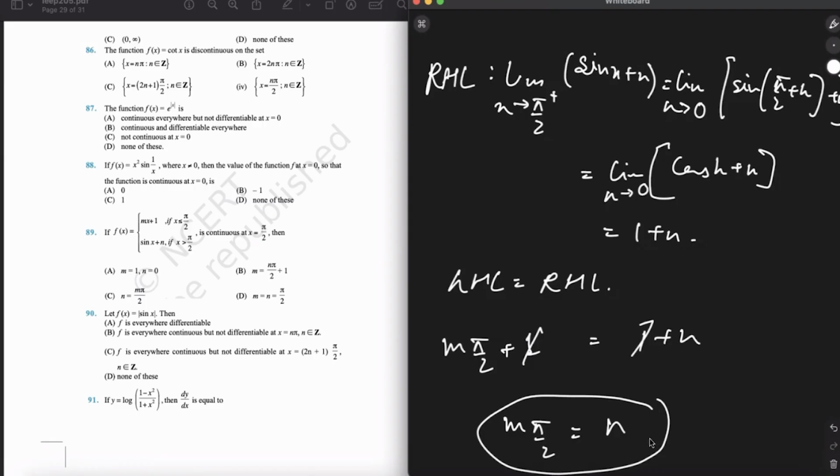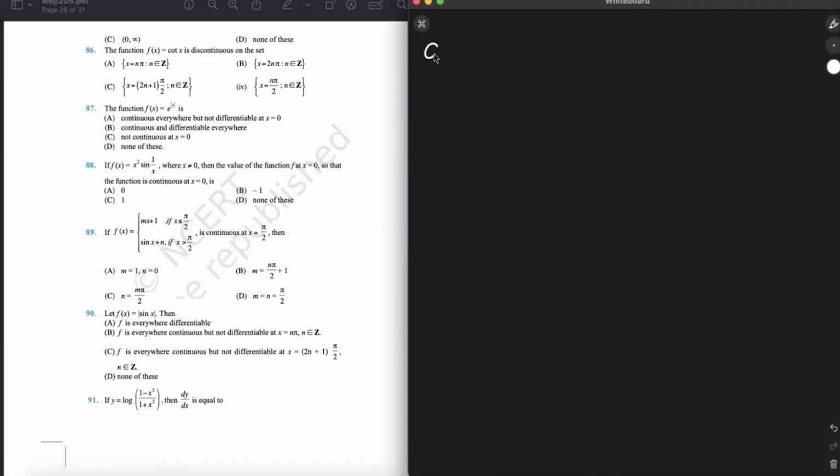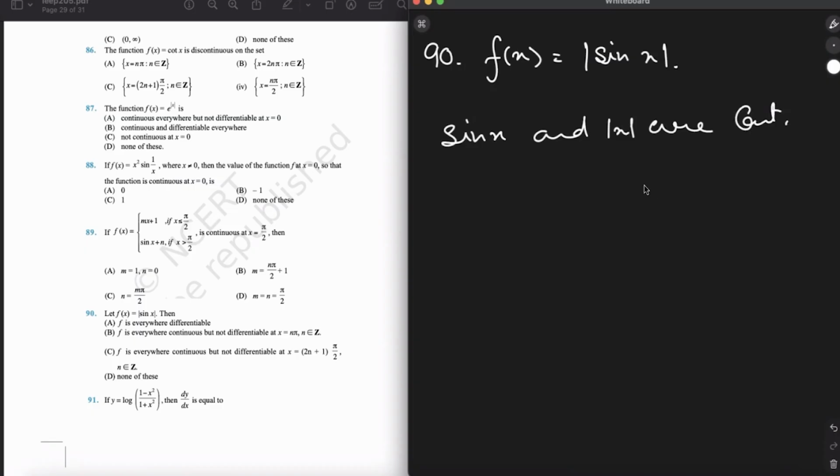Now moving forward to question number 90. It has been given that the function f(x) equals mod of sin x. You have to tell whether f is differentiable everywhere or somewhere. Again the same logic. Sin x and mod x are continuous everywhere. This is clear, right? Here we have to talk about differentiation.